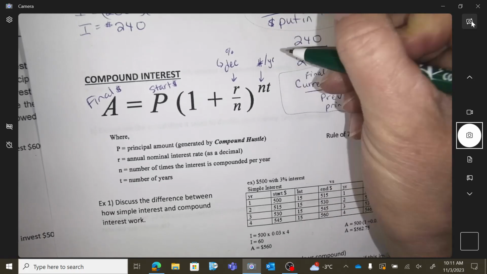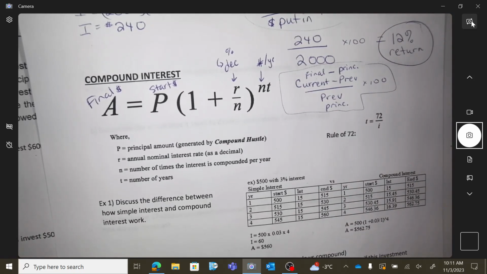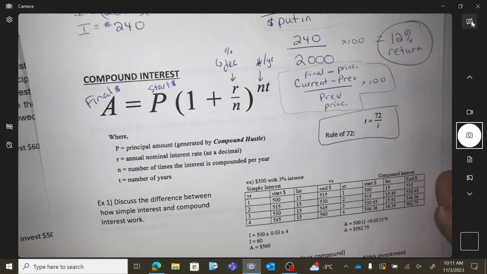per year. So we talked about words. Do you remember words yesterday? Like semi-annually. How many times would you do something a year? Twice. If I say the word monthly, how many times do you do it a year? 12. Okay, and then you're also going to use this rule.